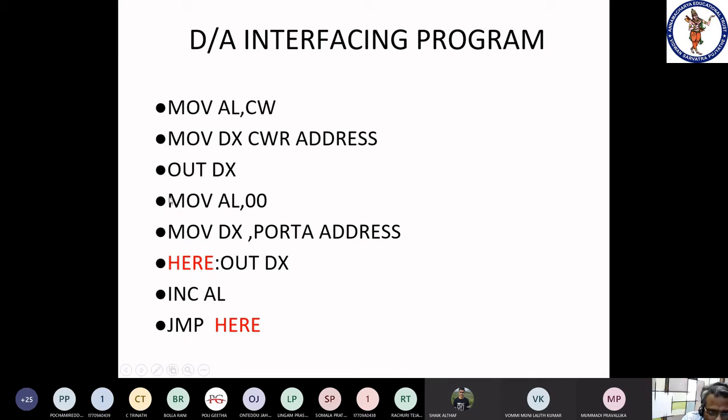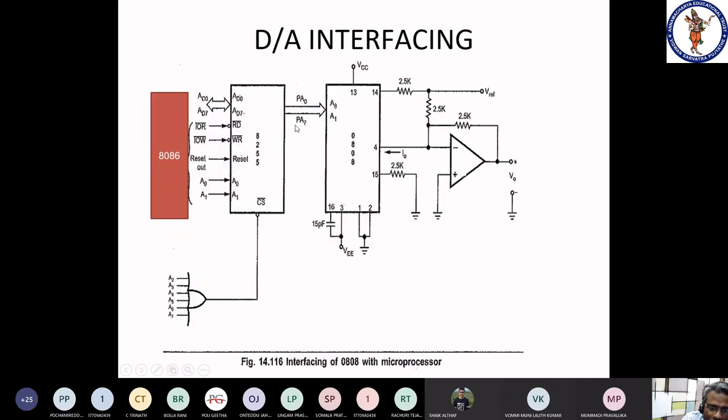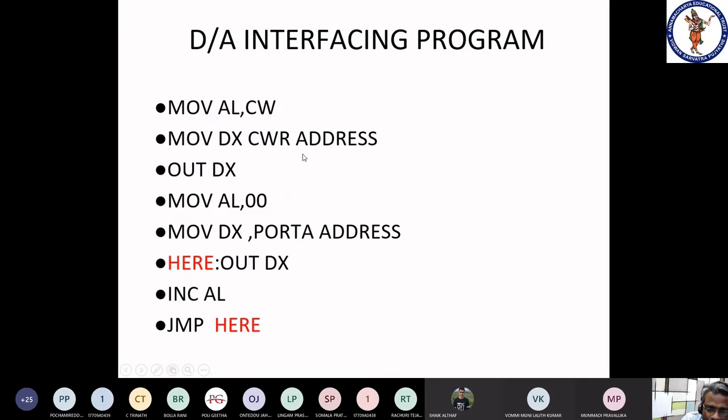Next, after that, we have to send the digital data towards the digital to analog converter, which is converted into analog form. So MOV AL, 00, this is the initial data we are sending to port A, because in the diagram we are using port A for sending the digital data from the processor. This is OUT DX. Then increment AL, jump back.